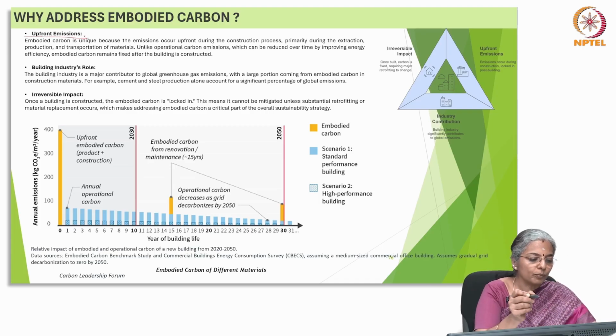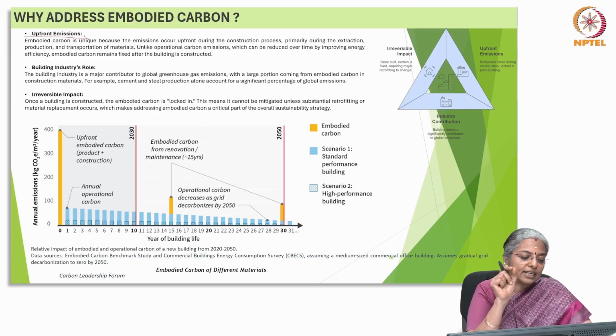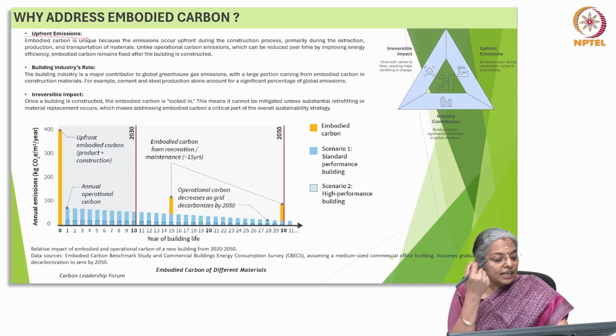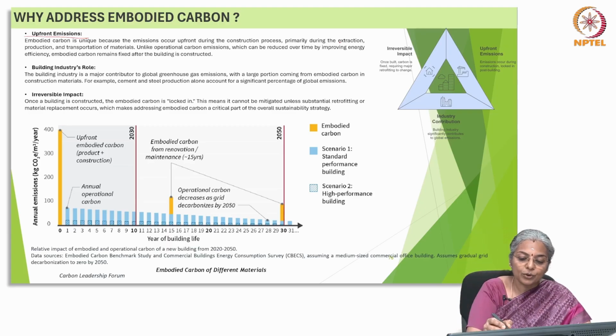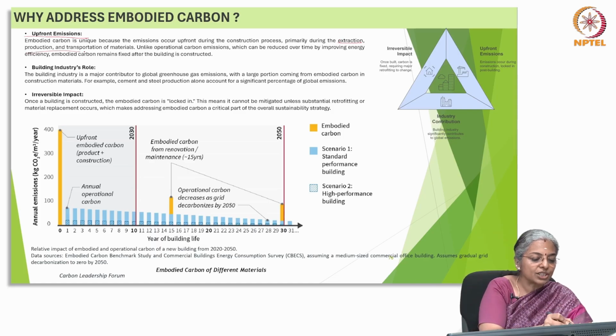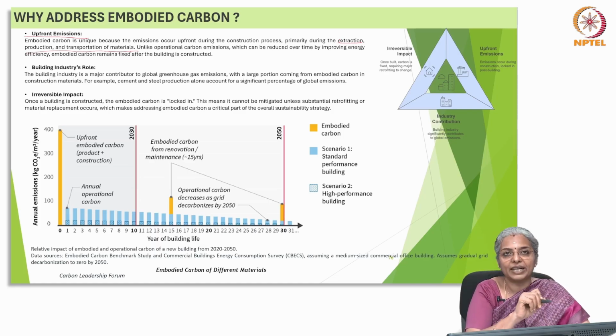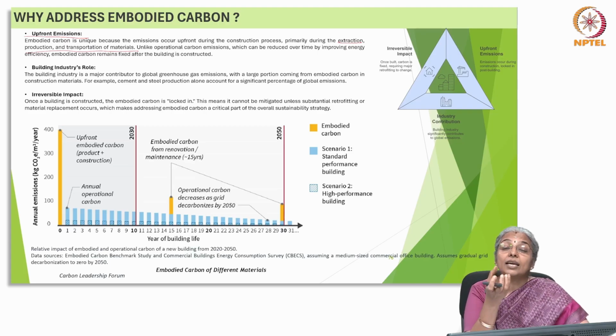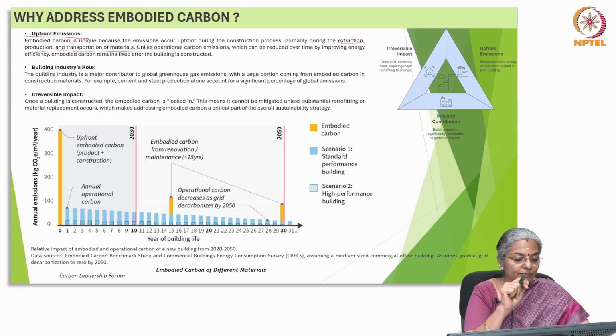Embodied carbon is very unique because the emission can occur upfront during the construction process, primarily due to extraction, production and transportation of materials, which means even before the building starts to operate, you have pumped in so much energy or carbon dioxide into that building.